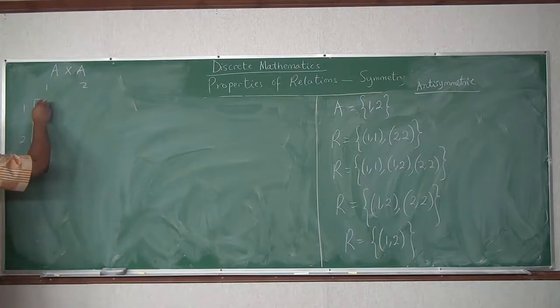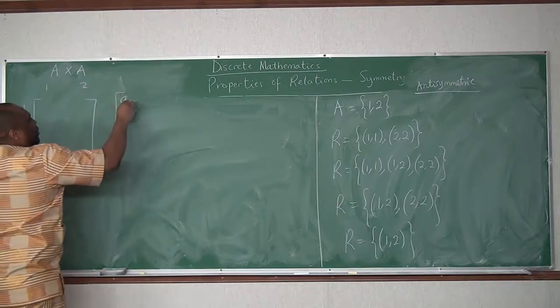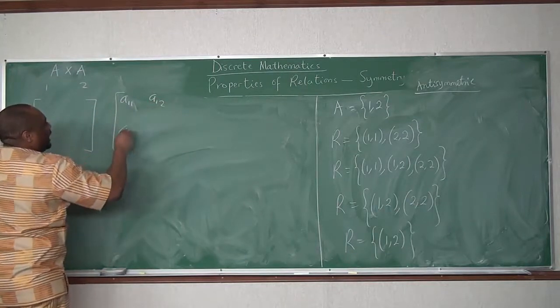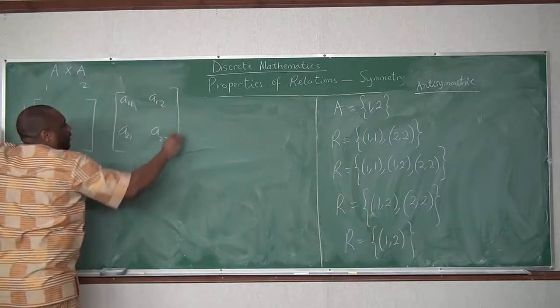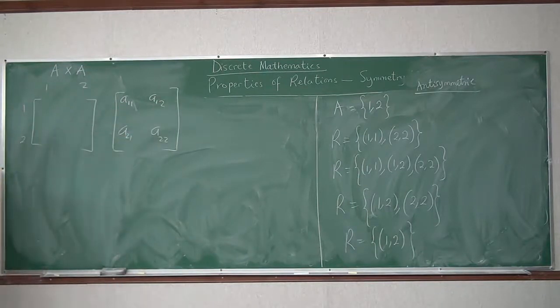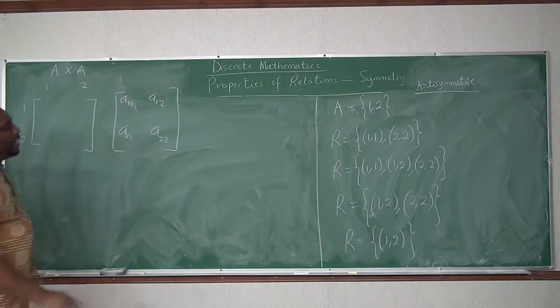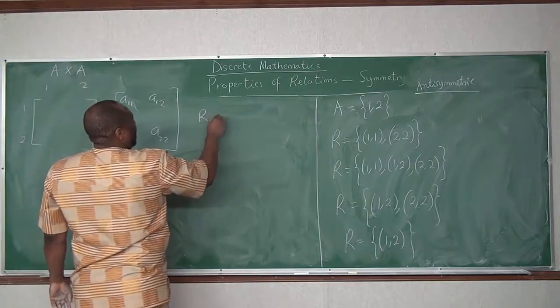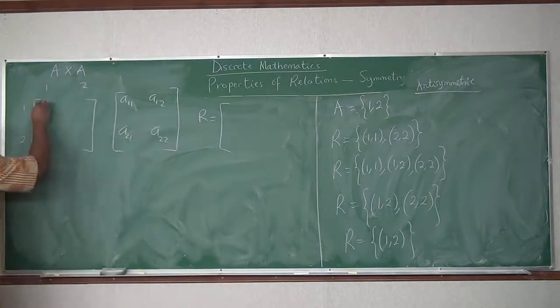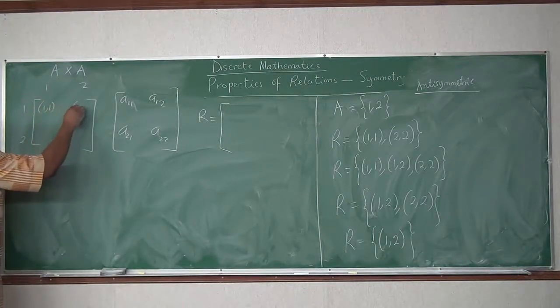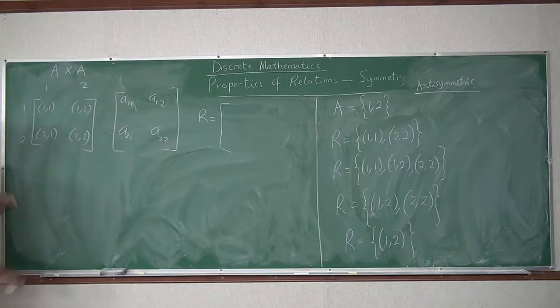Remember this means A11, A12, A21, A22. This is 1, 1, this is 1, 2, this is 2, 1, and this is 2, 2. That is what it means.